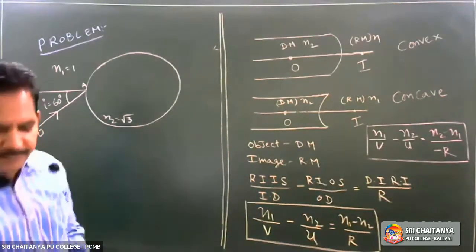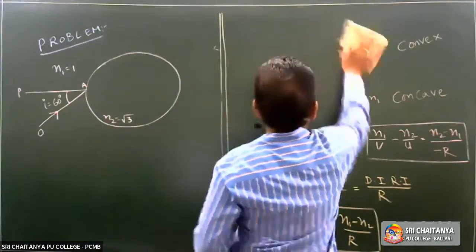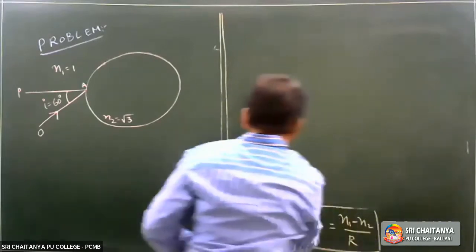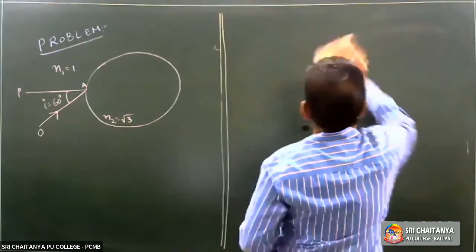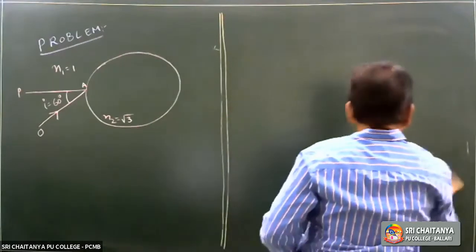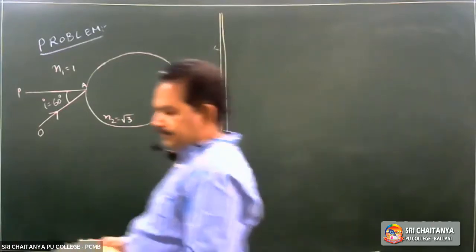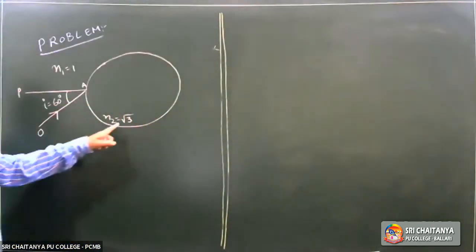You are asked to calculate the total deviation when the light ray passes through the given sphere. There is a sphere made of a material whose refractive index is √3.